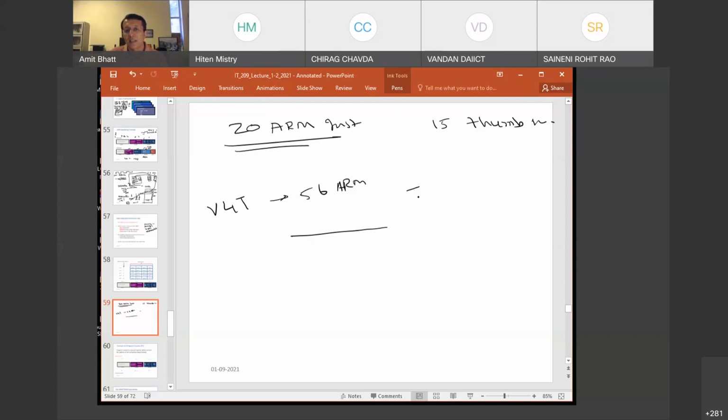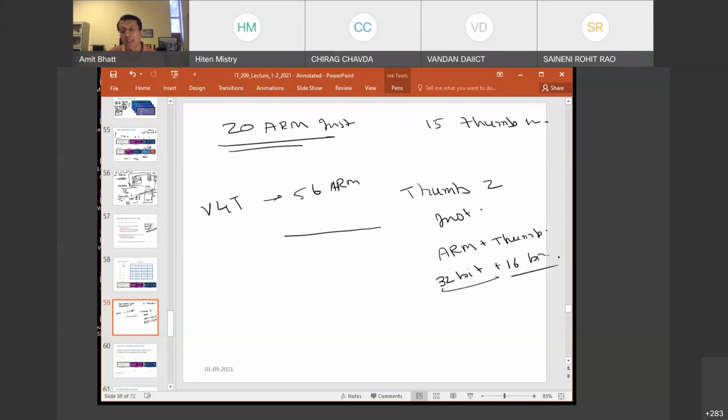This is just for your additional information or state of the art. It has ARM plus thumb, 32-bit instructions and 16-bit instructions all together.